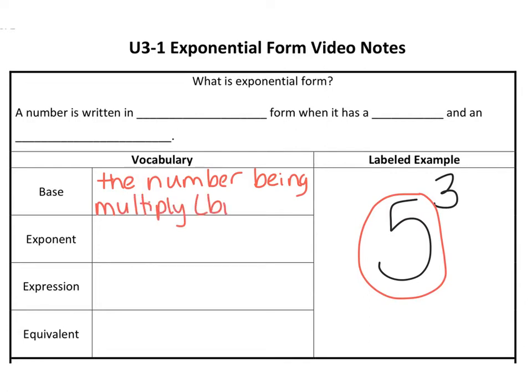And that's the big number. So think B and big. The exponent is the 3. That's the smaller number. It tells us how many times to multiply the base.